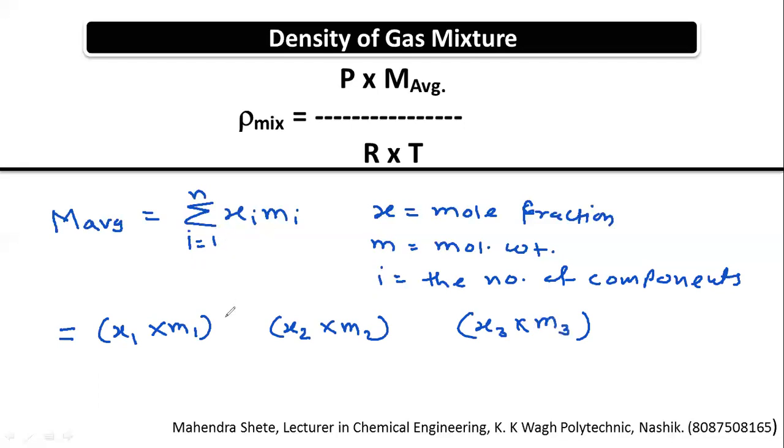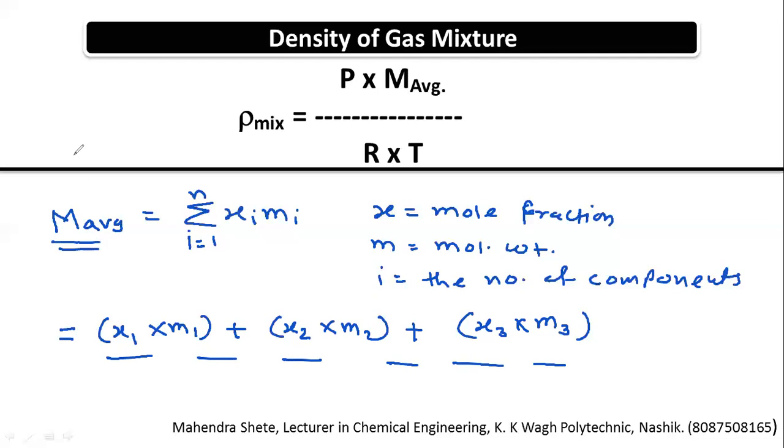As this is a summation, we have to add all these values. So after calculating this equation, we will get the average molecular weight of the gas mixture.